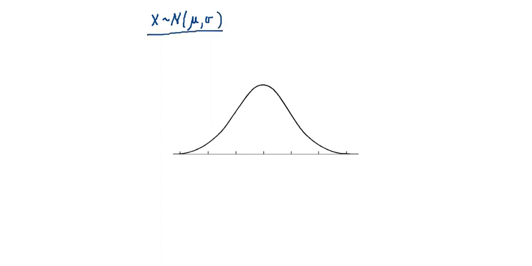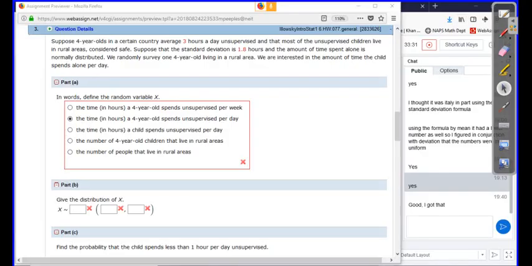Right? So in our example, we're going to say x is a normal distribution, N, and we said that the mean was 3 hours a day on average, with 1.8 hours as a standard deviation.